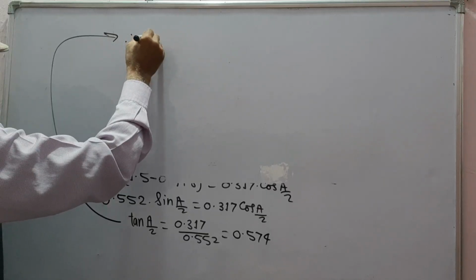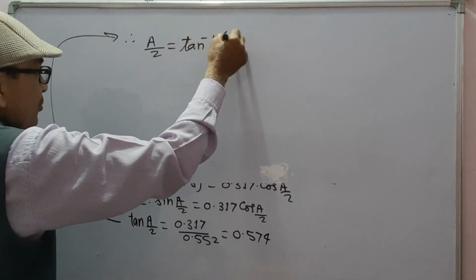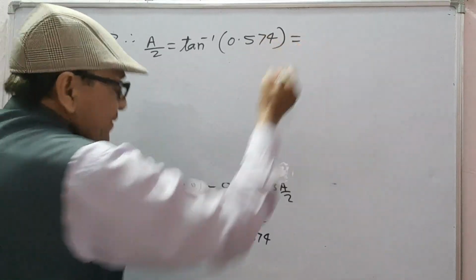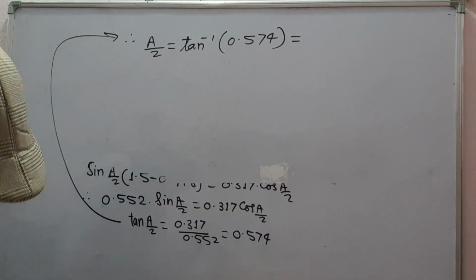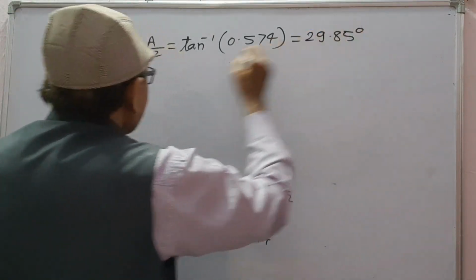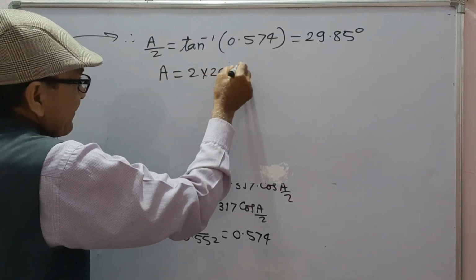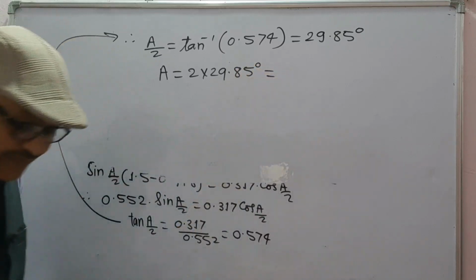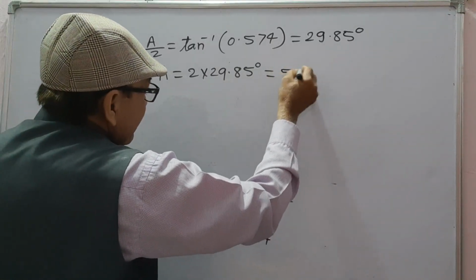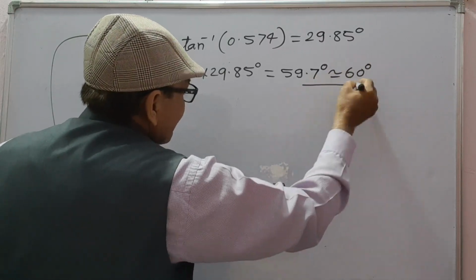Therefore, A by 2 will be equal to tan inverse of 0.574, which gives 29.85 degree. That is, A will be equal to 2 into 29.85 degree, that is 59.7 degree, which is nearly 60 degree.